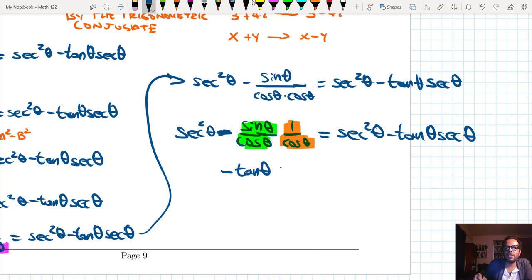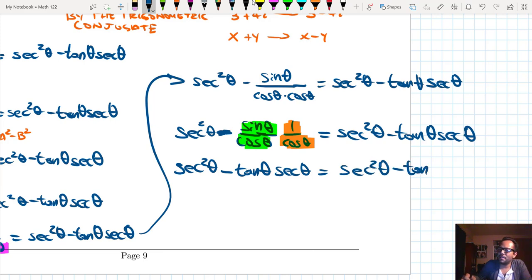And 1 over cosine is the same as secant theta. And just keep carrying this secant squared. And surprise, surprise, isn't that the same thing as on the left-hand side? Secant squared theta minus tangent theta secant theta. And that's how we verify this identity.